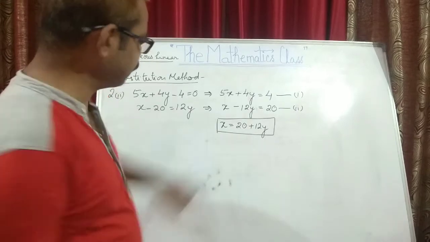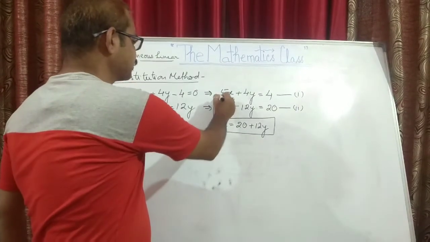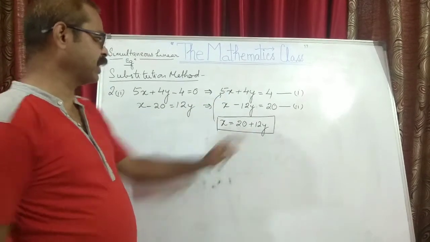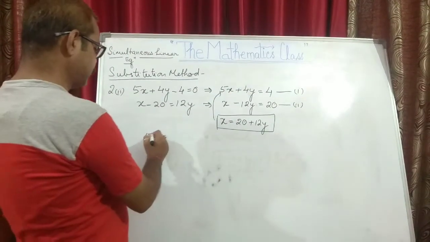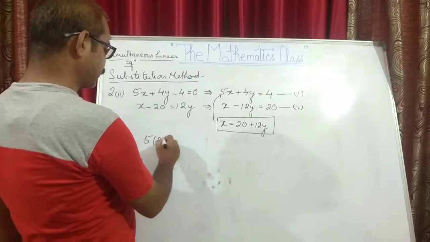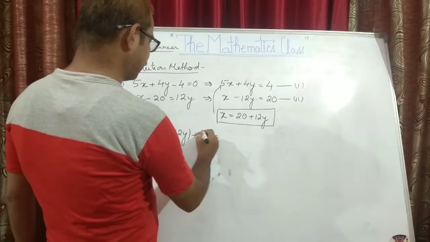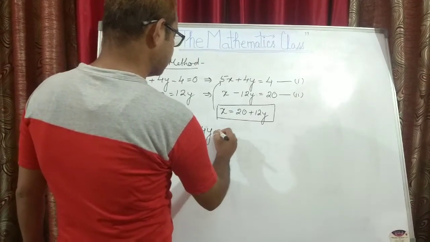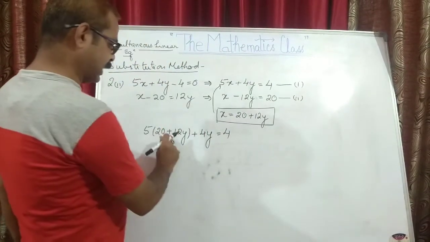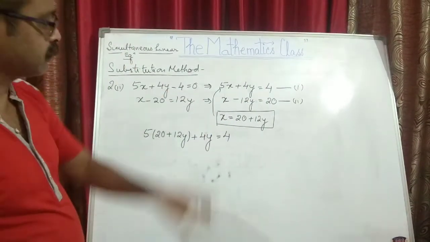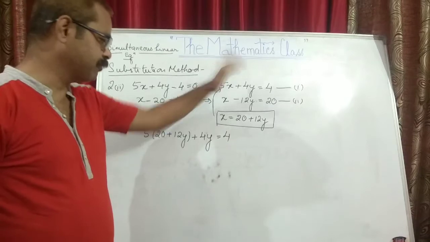Now this x, if I substitute it in the first equation, wherever you find x, just substitute the value. So I can say 5 times x, where x was 20 plus 12y, plus 4y is equal to 4. 5x plus 4y is equal to 4, that was the equation, and we substituted the value of x in the first equation.